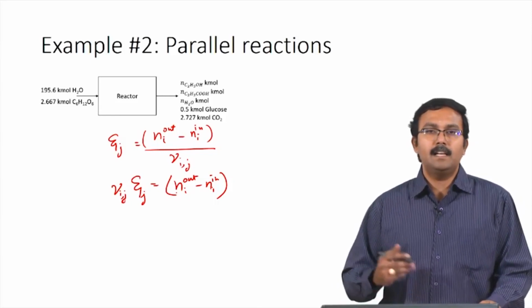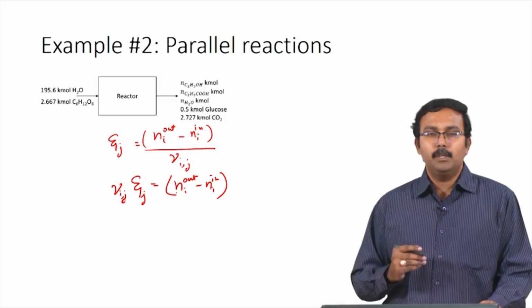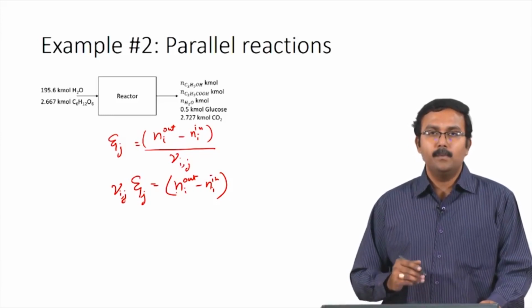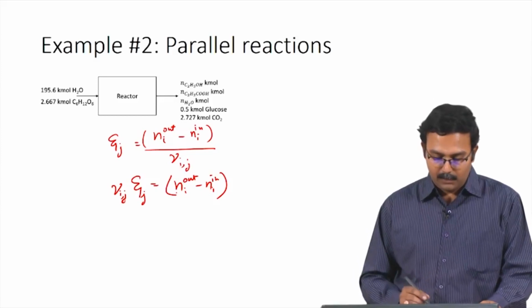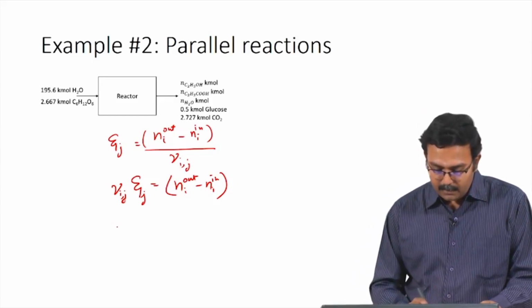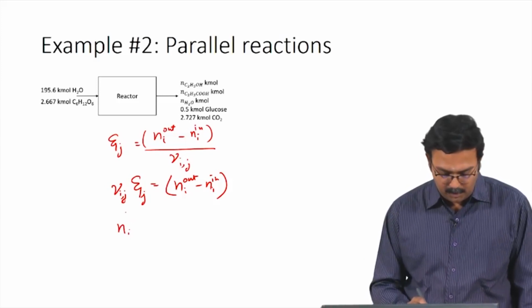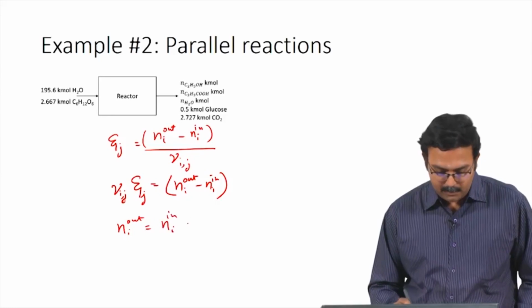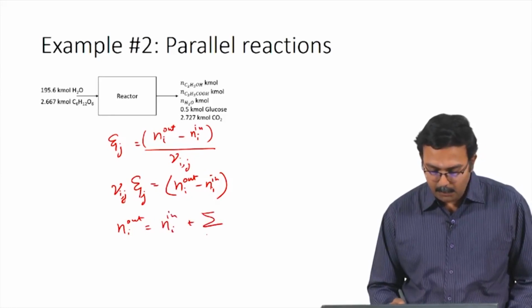This could either be generation or consumption. Because of this, under steady state conditions, using extent of reaction, we can write the balance equation as follows: N_i out would be equal to N_i in plus the sum over j equals 1 to n of nu_ij times the extent of reaction for j.